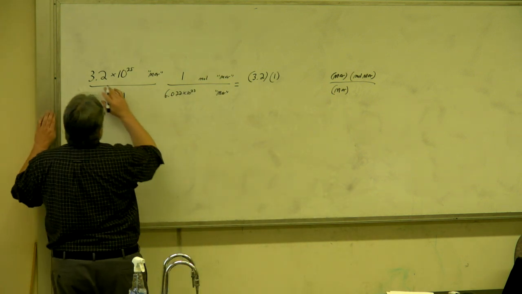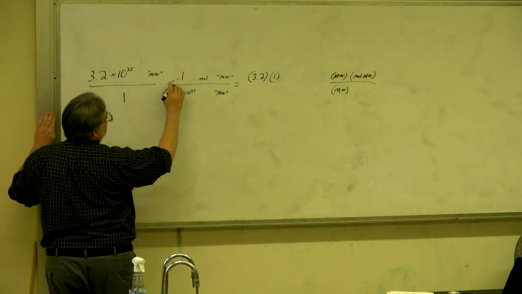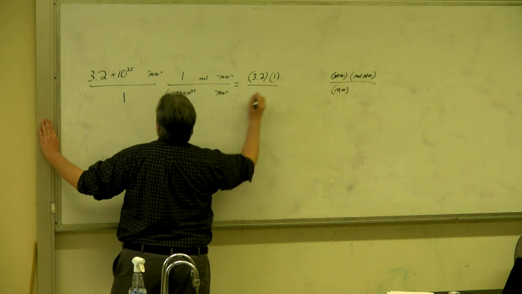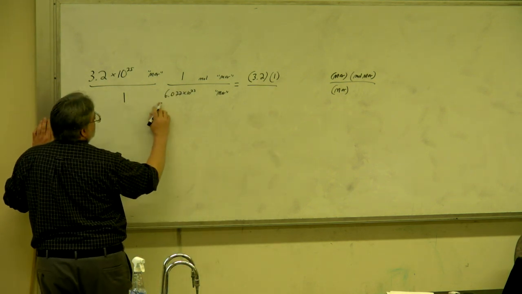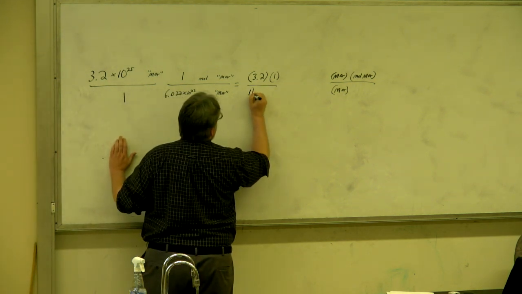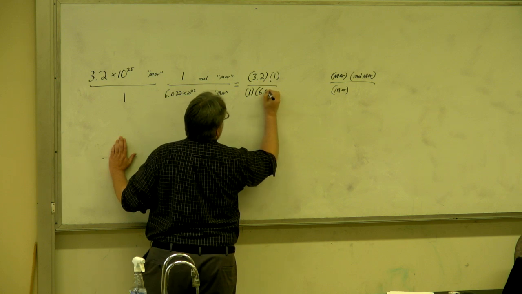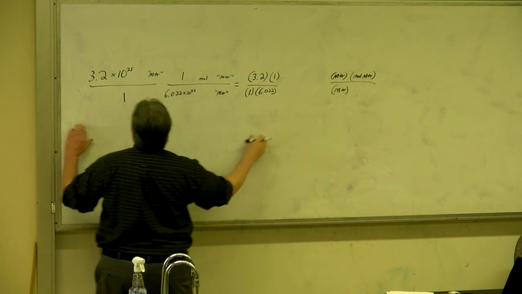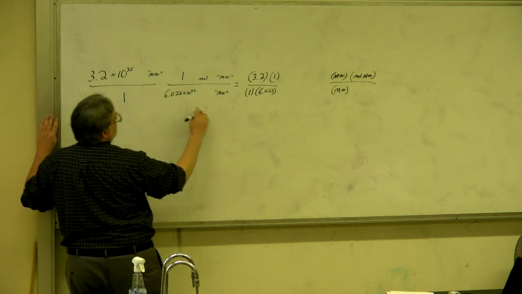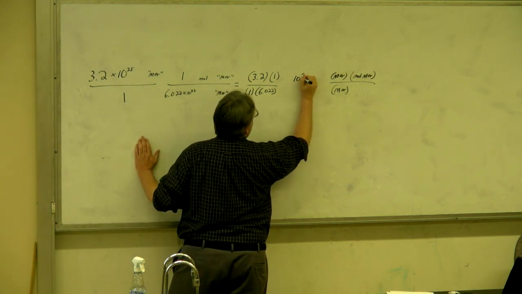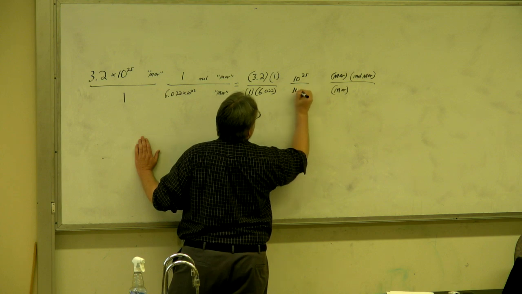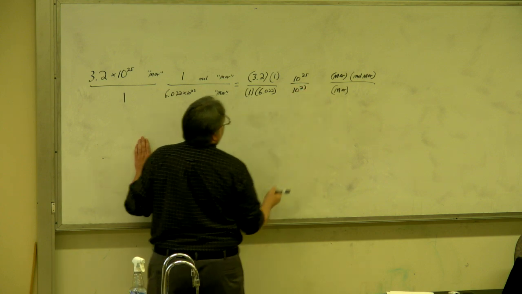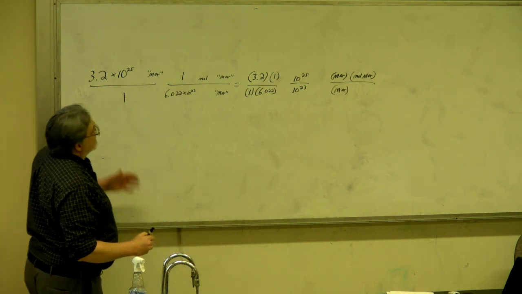And then I have 3.2 and 1. And down here I have 1 and 6.022. And this is what I'm saying: I put one more category here where I put the powers of 10. So I've just rearranged everything.